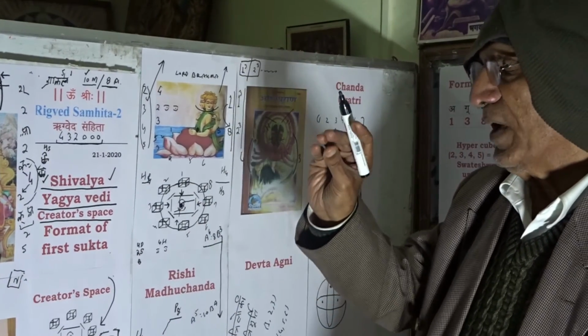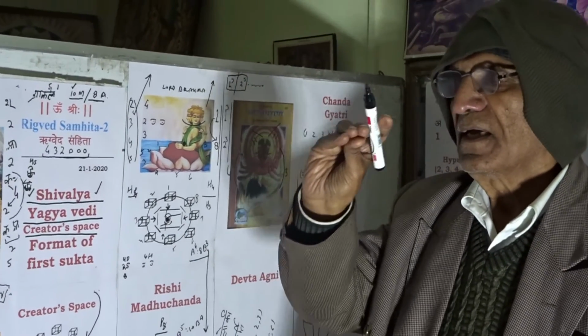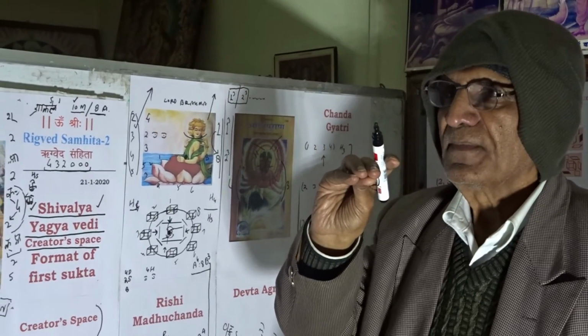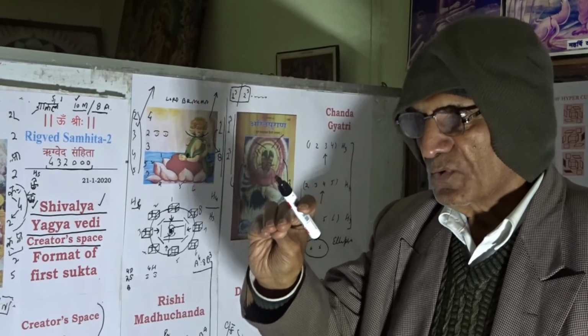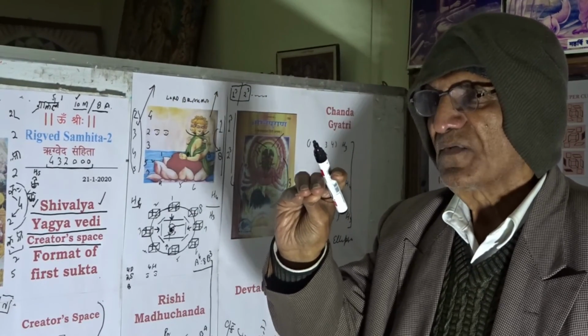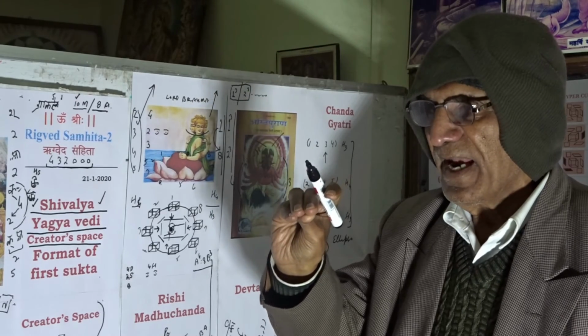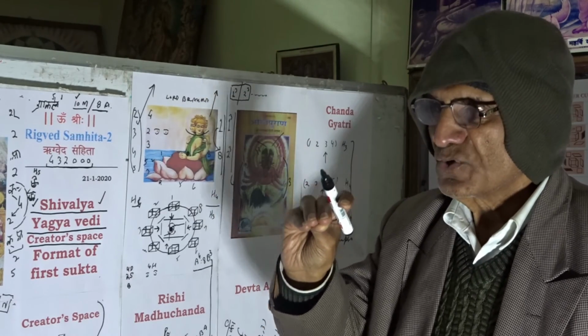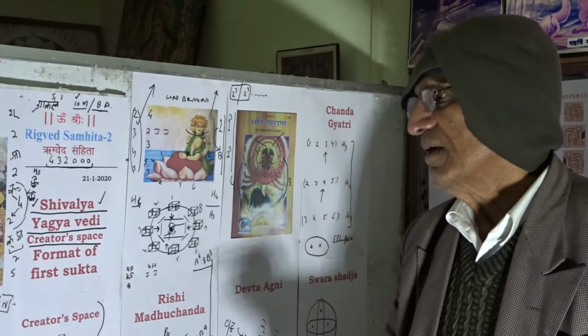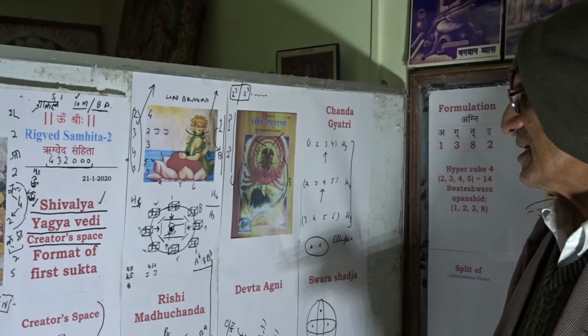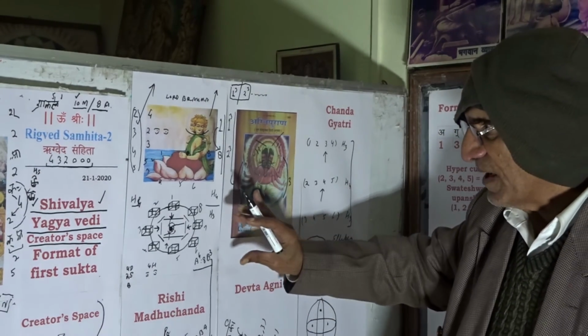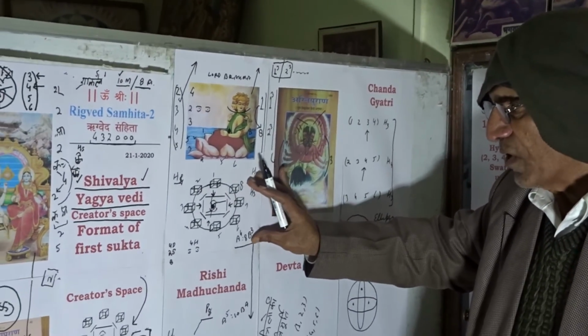Therefore, we have to take up each richa to be of values, features, format, and of the mathematics, sciences, technologies of the format of hypercube 4.